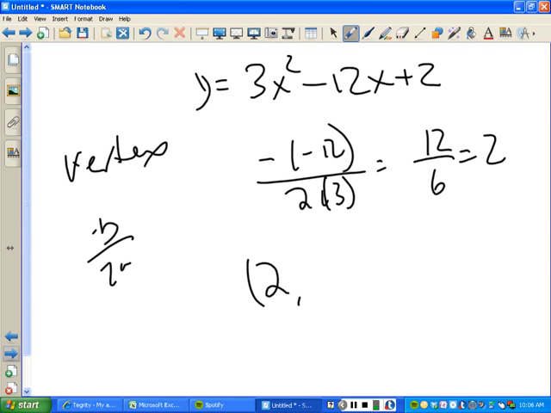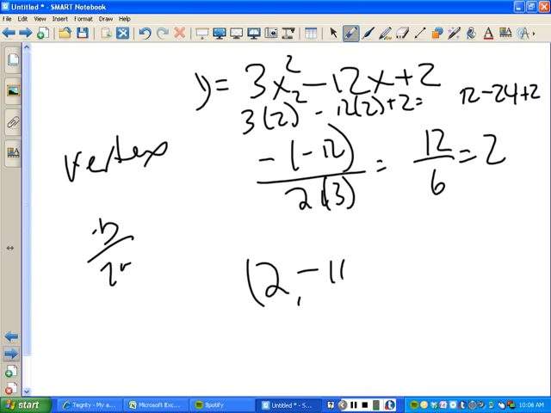Let's plug it back in and see. 3 times 2 squared minus 12 times 2 plus 2. 2 squared is 4 times 3 is 12. So we got 12 minus 24 plus 2 is negative 10, I think. So your vertex is 2, negative 10.